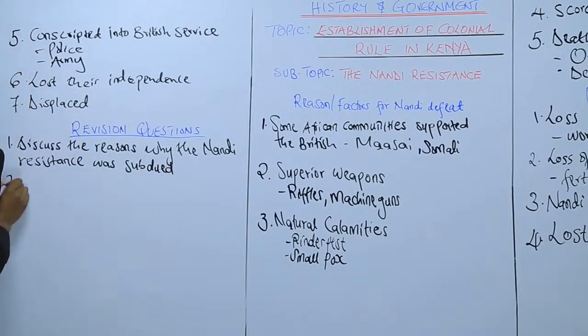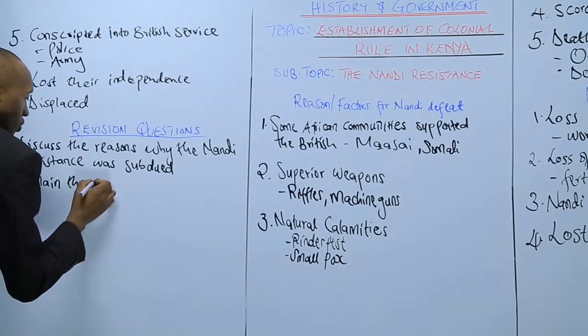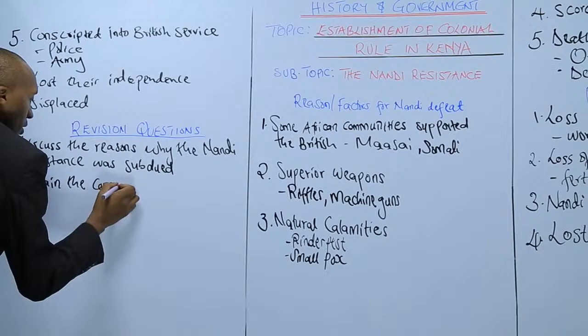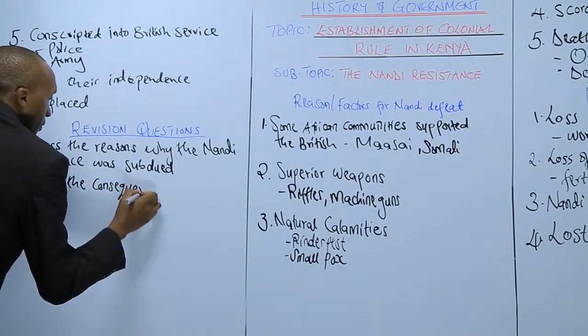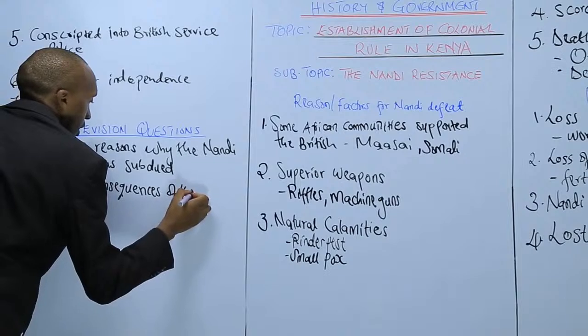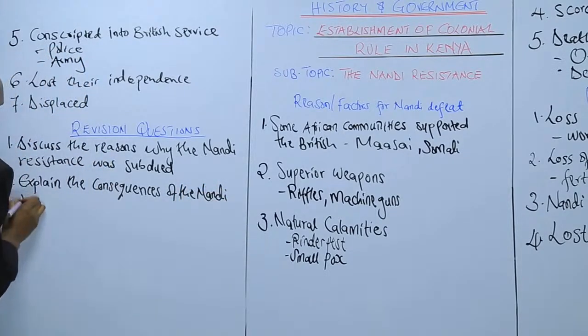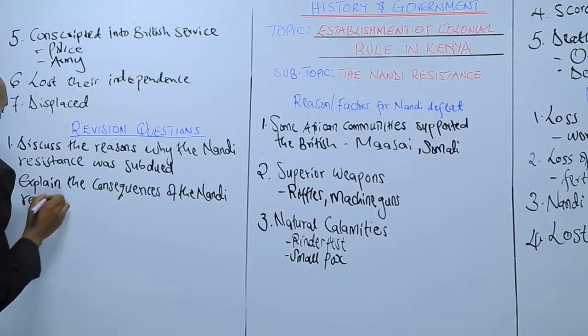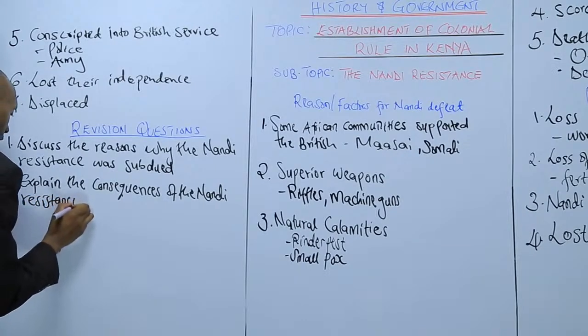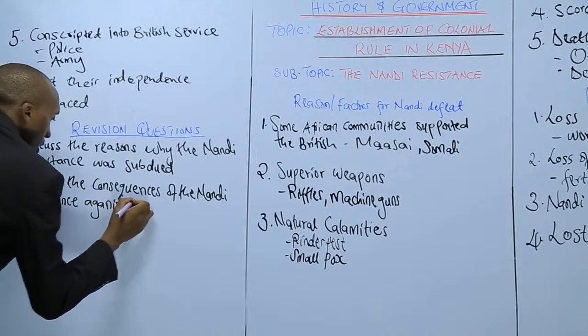And then number two, explain the consequences of the Nandi resistance against the British.